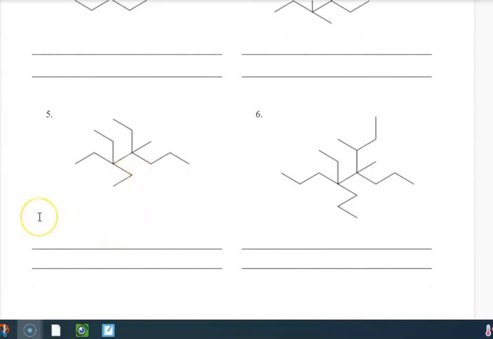Yep, hexane. Okay. Oh my goodness, this is a fun one. I do believe, once again, if you do the zigzag, you get the longest chain. 1, 2, 3, 4, 5, 6, 7. I believe that's the longest chain you're going to get. So let's count this way. I have 1, 2, 3. So on 3, I start my branches. I have an ethyl group here and an ethyl group here. Here I have an ethyl group and a methyl group on 4, 5, 6, 7.